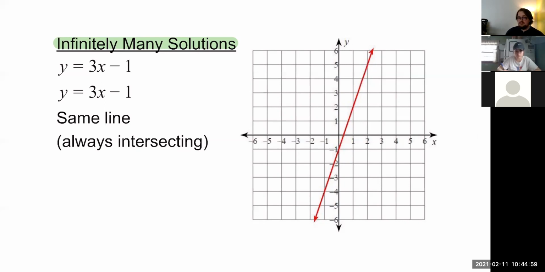Exactly the same? They have the same y-intercept? They have the same y-intercept and the same slope. They're 100% identical. Well, as we know from graphing lines, each unique linear equation produces a unique line. Therefore, if you have two of the same equation, in essence, you have two of the same line.